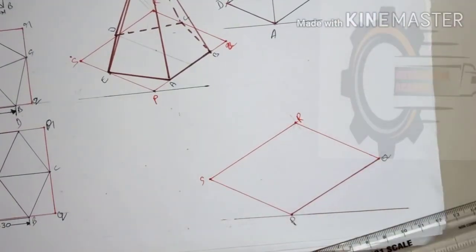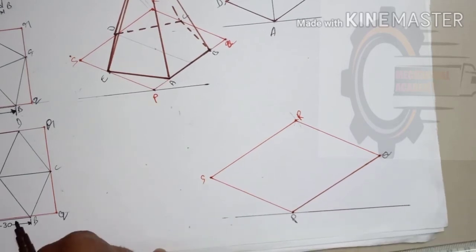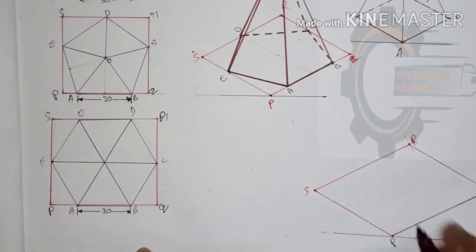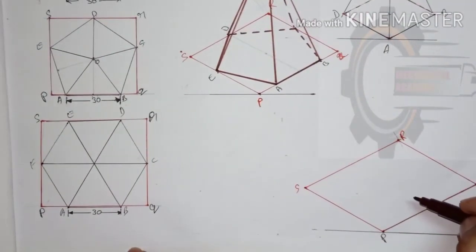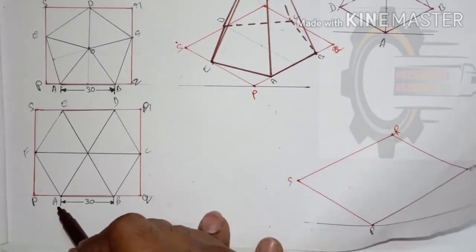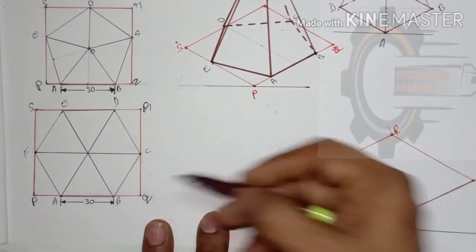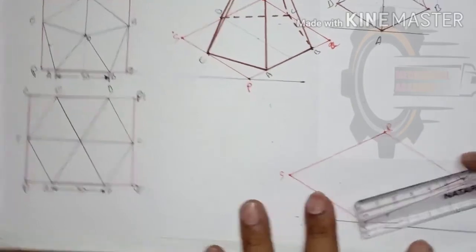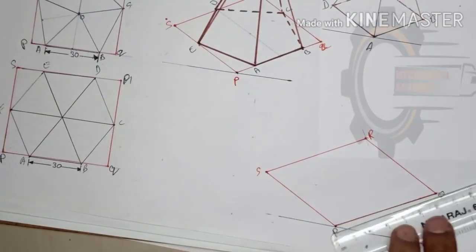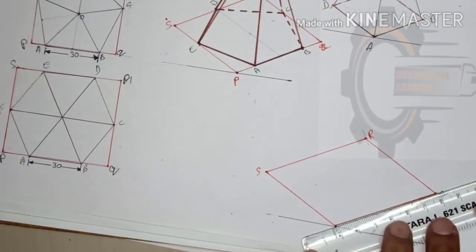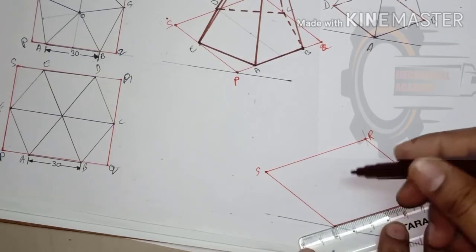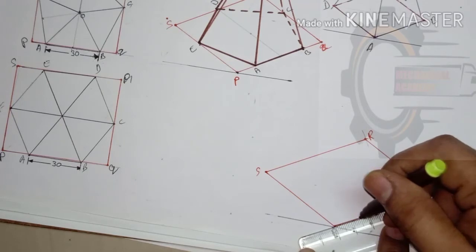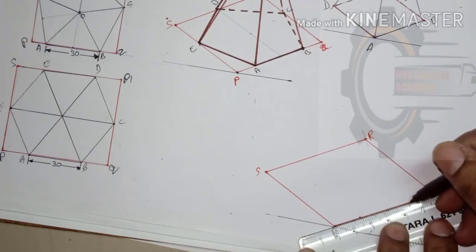Okay, now find out the next. We have to mark the points of A, B, C, D, E, F over here. Okay, further, so this is the 1.5 and this is the 2.5 of distance. Okay, so mark the points. So from here 1 and 1.5. From here also 1 and 1.5.